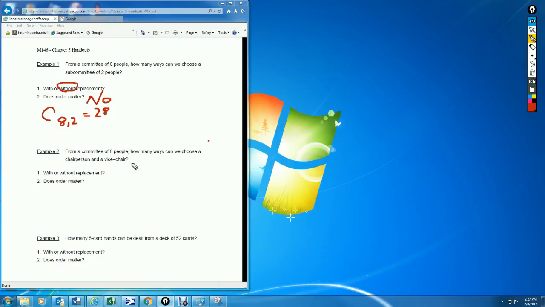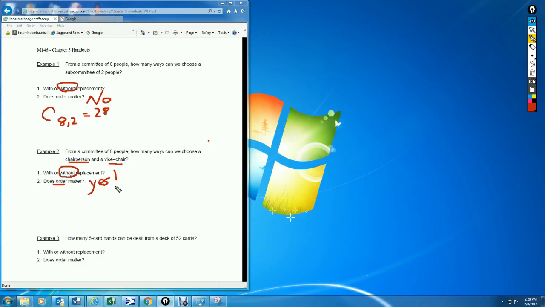So, very similar question. Committee of 8 people, how many ways can we choose a chairperson and a vice chair? With or without replacement? Again, without, because clearly we need 2 different people to fill these positions. Does the order matter? In this case, yes, because I'm picking 2 people to be the chair and the vice chair.